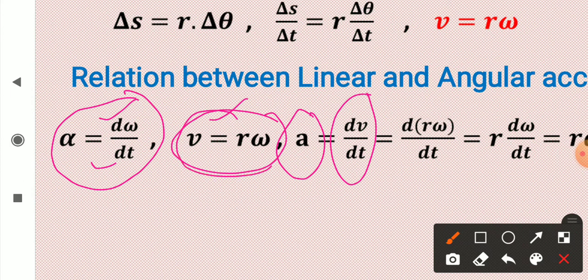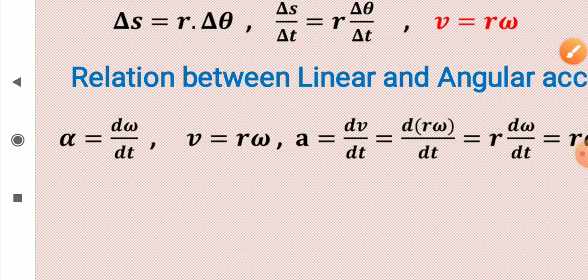So इस वाली इक्वेशन की दोनों साइड्स को आप डिफ्रेंशिएट कीजिए. The value of v is equal to r omega, and r is constant. So take the constant outside. Inside will be d omega by dt. And you know that d omega by dt is angular acceleration alpha. So linear acceleration A is equal to r alpha.